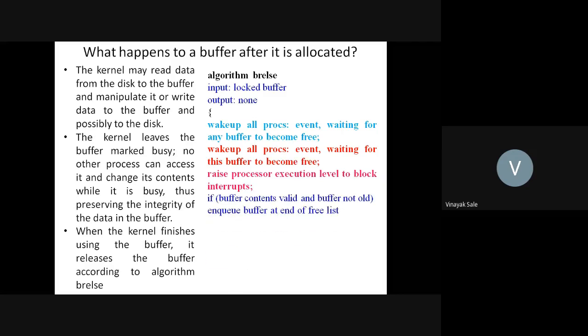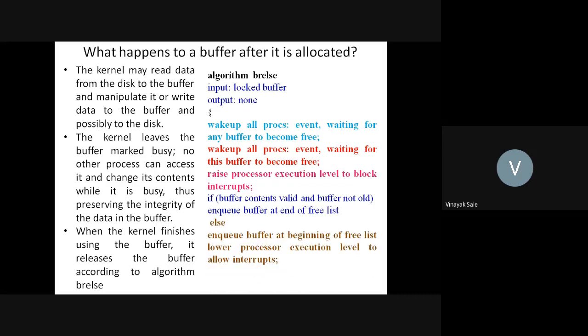If the buffer contains valid data and the buffer is not old, enqueue the buffer at the end of the free list. That is, if the buffer contains a valid block number and it is not old, then store that buffer at the end of the queue of the free list.